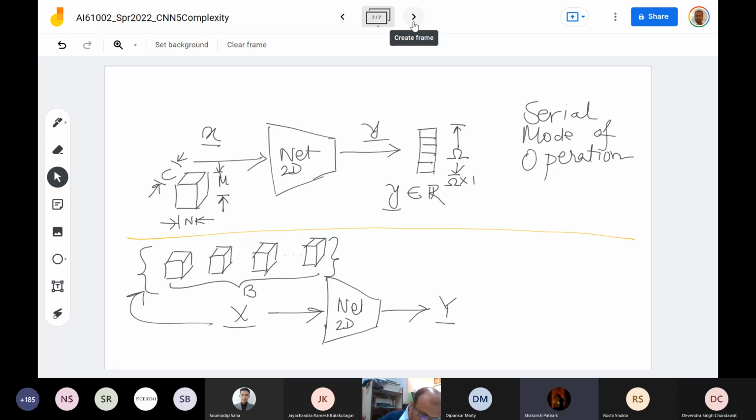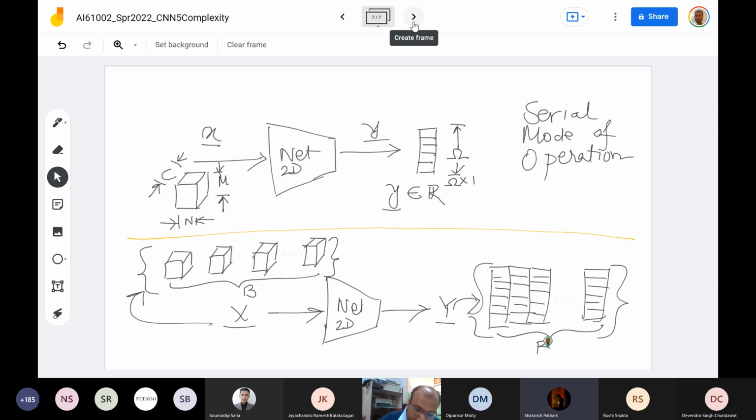As a result of which I get my Y's, which is like this, and this also has B such outputs.